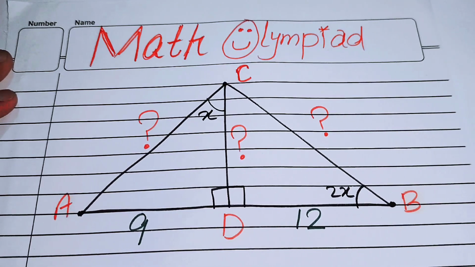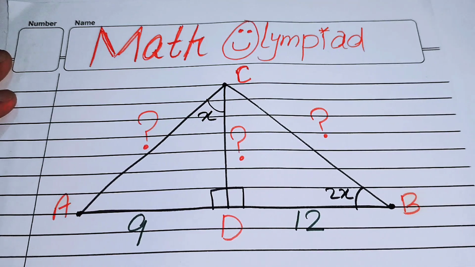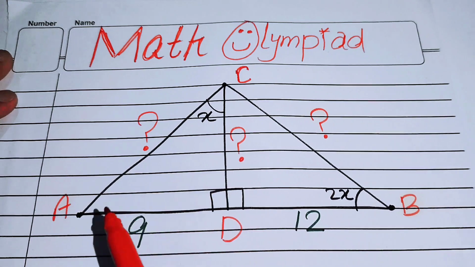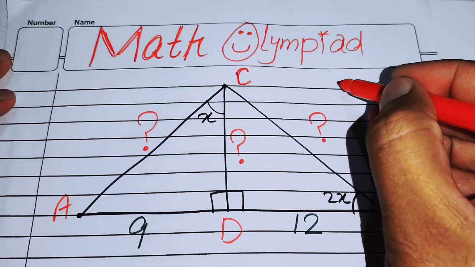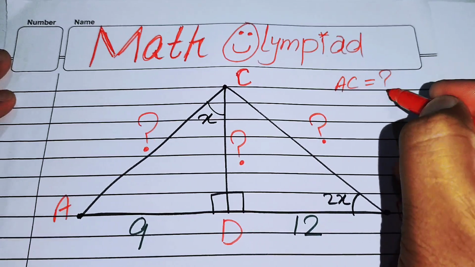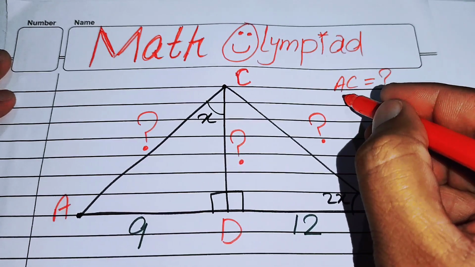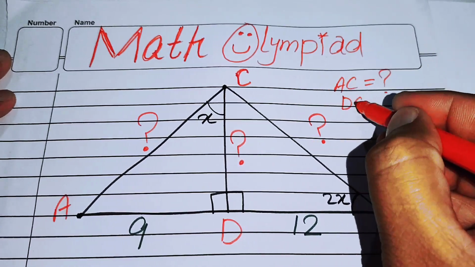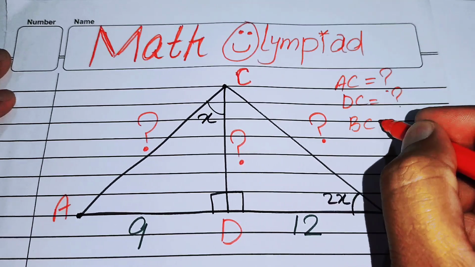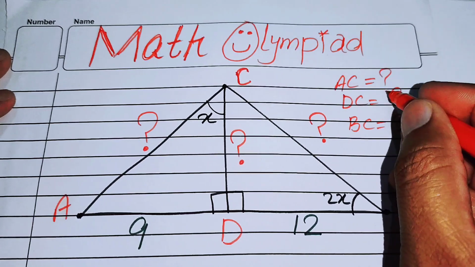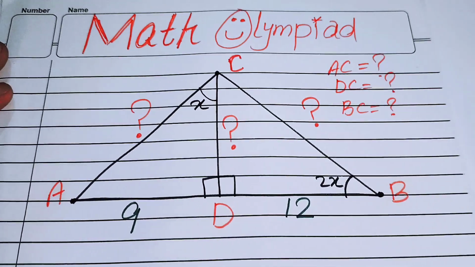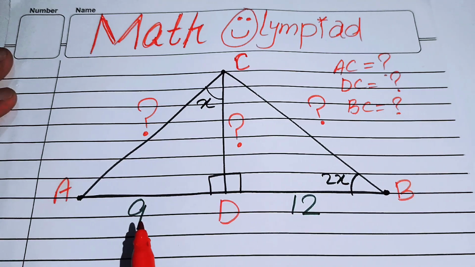In this question I can find the length of the side AC, and after that I can find the length of side CD or DC, and we will find the length of side BC. So in this problem we will find the lengths of these three sides.